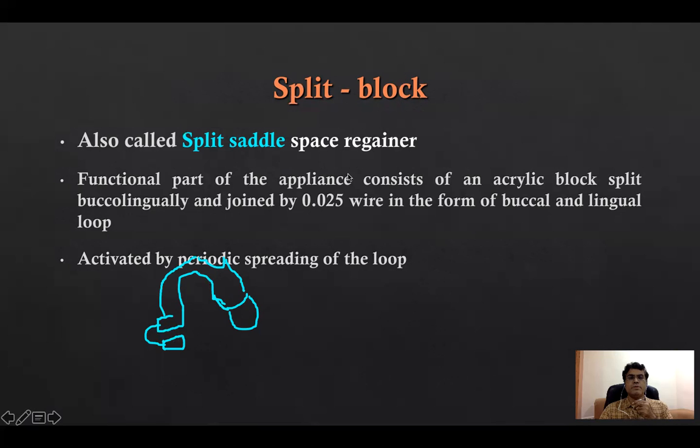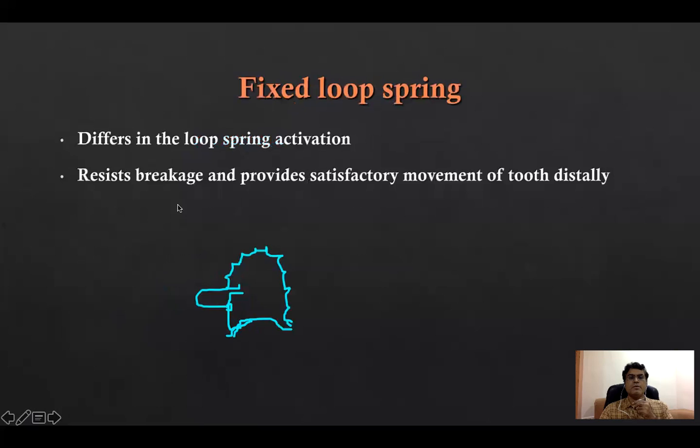So the functional part of the appliance consists of an acrylic block split buccolingually and joined by 0.025 wire in the form of a buccal and lingual loop, and activated by periodic spreading of the loop. Fixed loop spring differs in the loop spring activation, resists breakage, and provides satisfactory movement of the tooth distally.